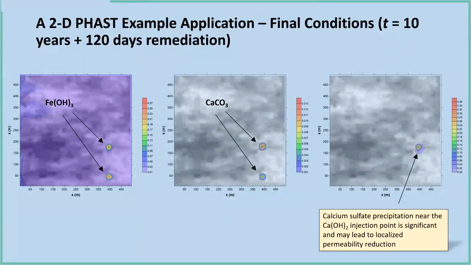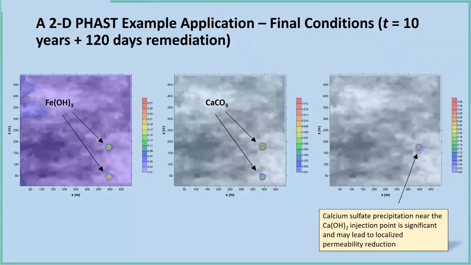Iron hydroxide is shown on the left, calcium carbonate is shown in the middle figure, and gypsum, calcium sulfate, is shown on the right. So moving from left to right, you can see there's very little difference in the distribution of iron hydroxide around the 2 injection wells. Again, with elevated pH conditions, you precipitate out iron hydroxide. They're both looking pretty similar.